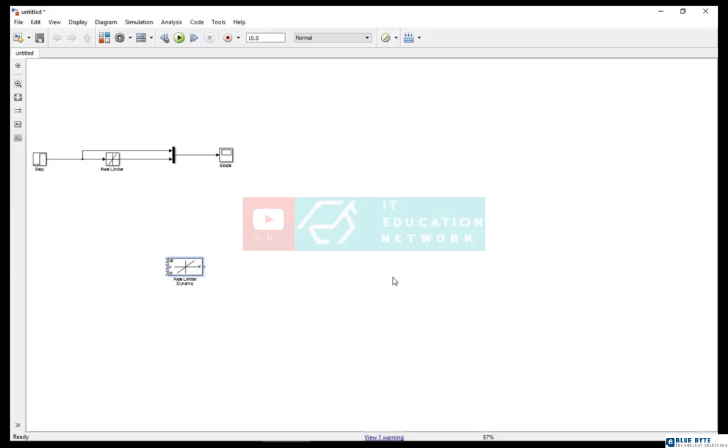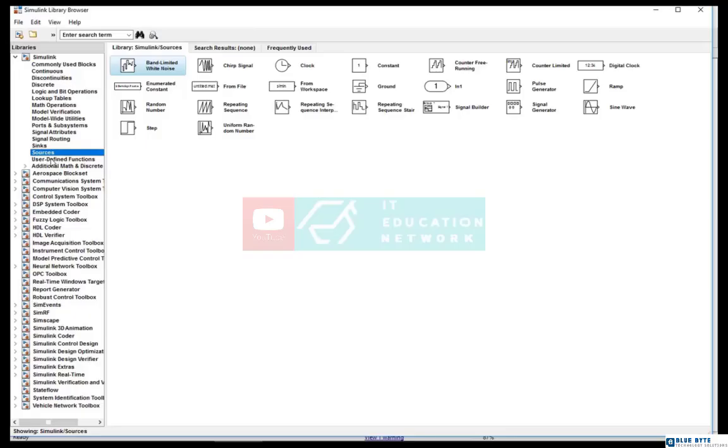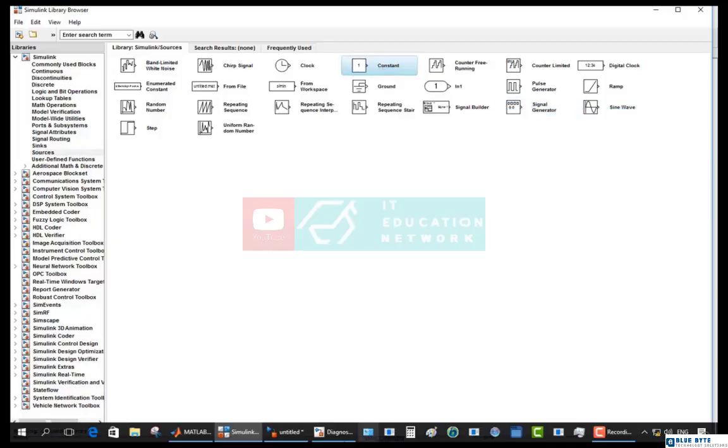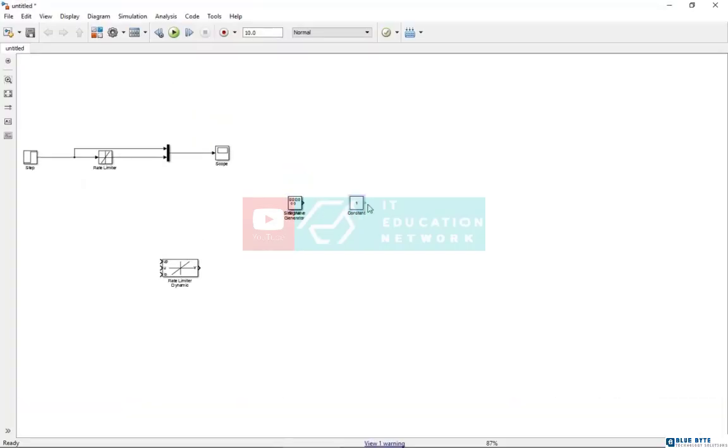Here I change the system a bit in order to show the application of block. I use sinus wave or signal generator and constant, just as previous projects. Here we should give two inputs to the system.